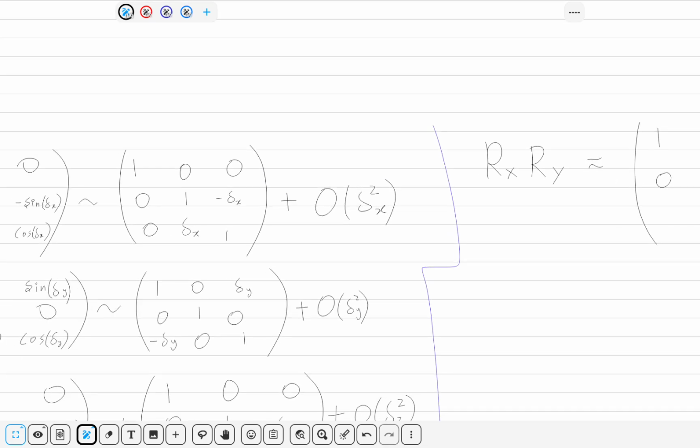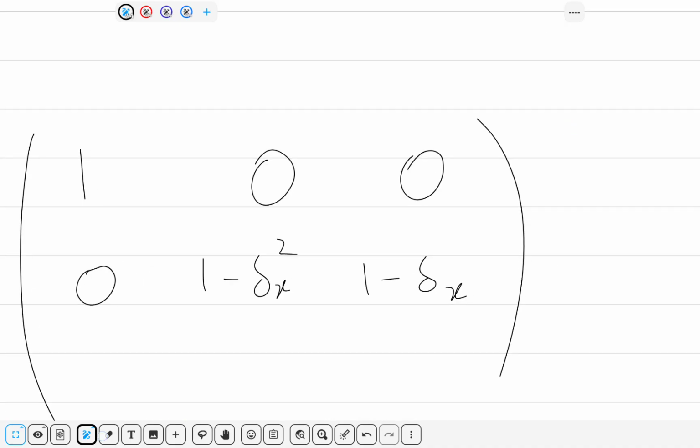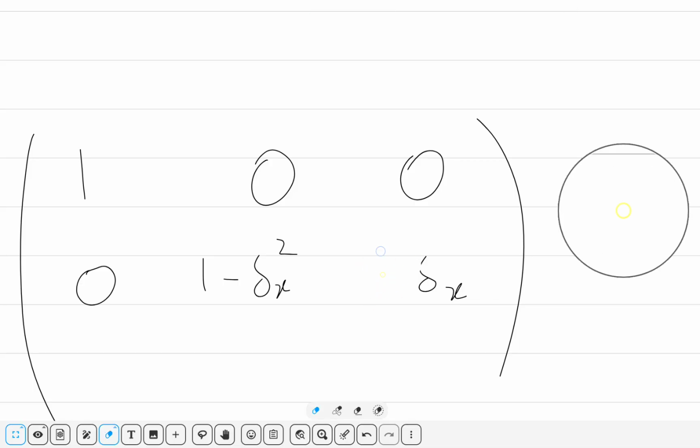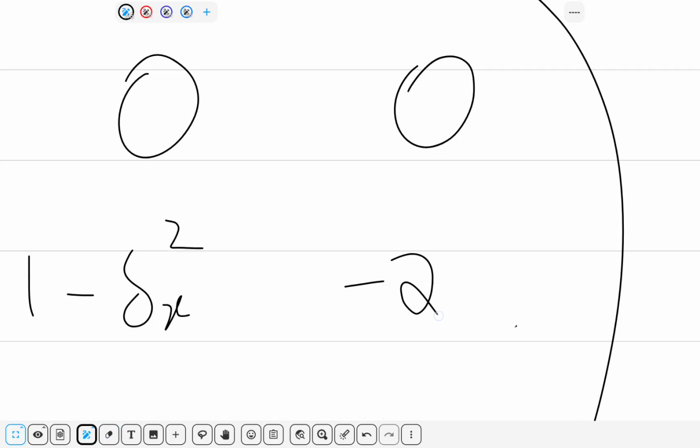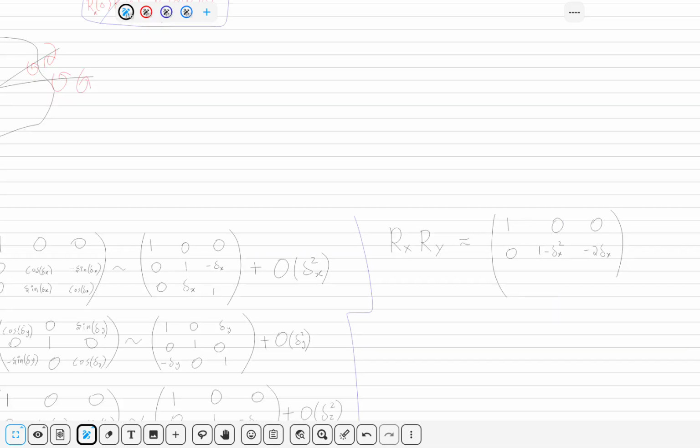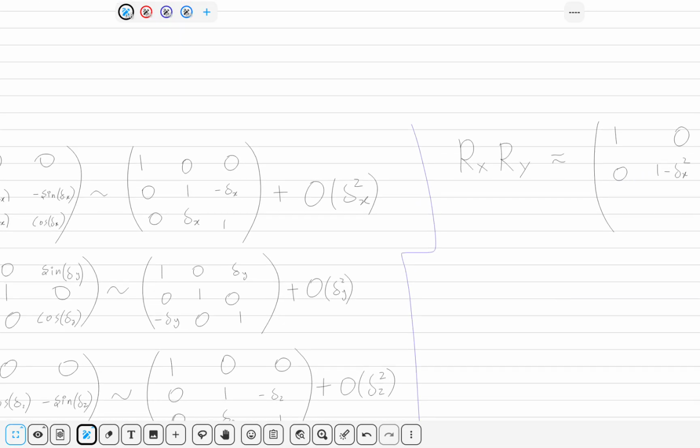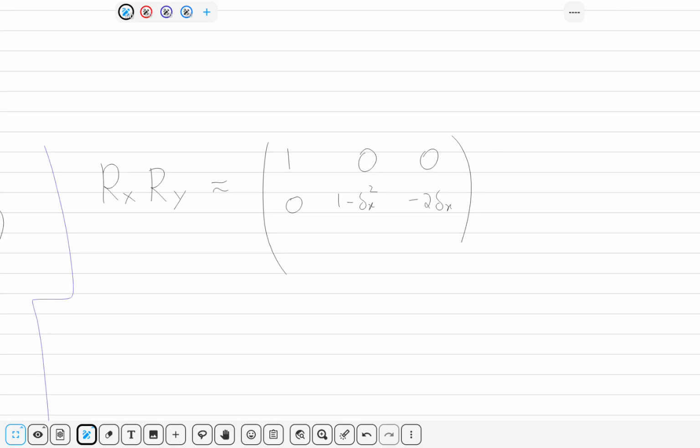I think I wrote it wrong here. Minus 2 delta x. Wait, that is x and y, right? Okay, I may be doing very terribly wrong here. My brain is not working anymore. Sorry for that.